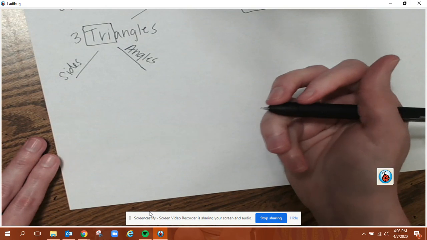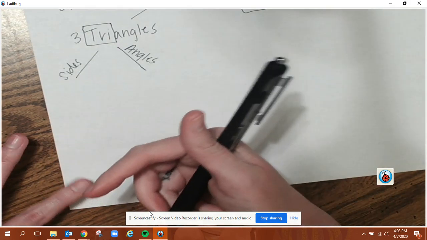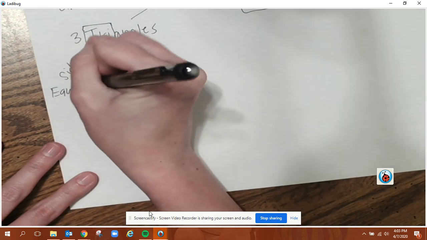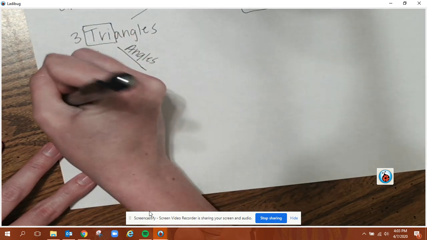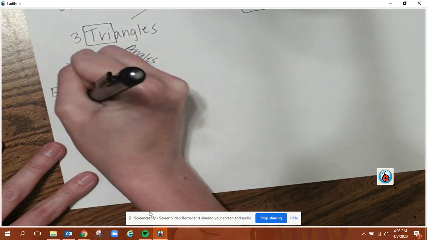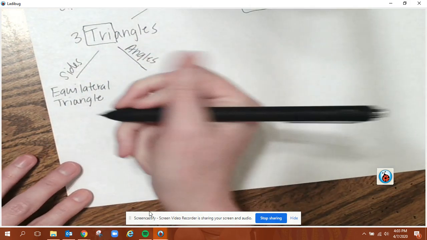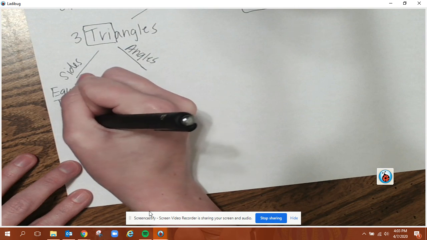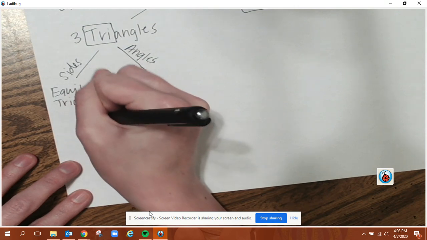So our first triangle we're going to talk about on the sides is called an equilateral triangle. So an equilateral triangle has all equal sides, okay?